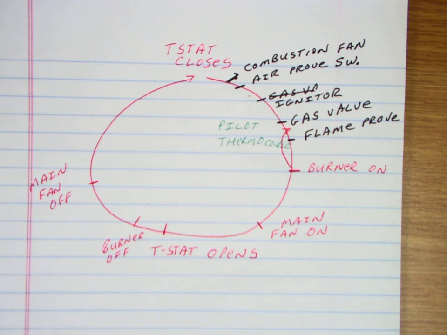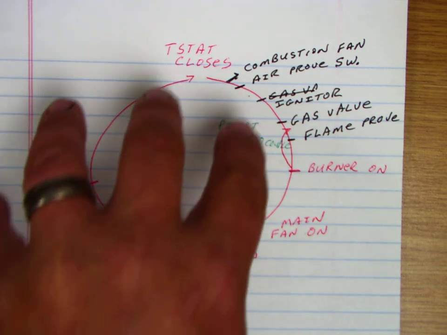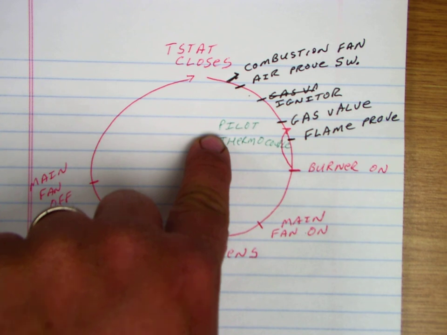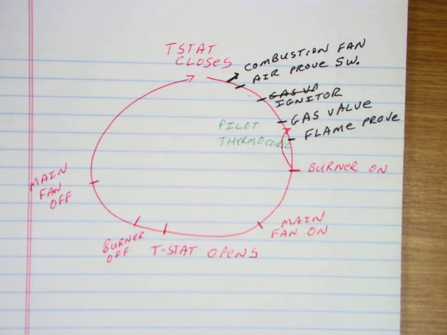But that air proving switch does one of the jobs that the pilot light did: it makes sure that there's no buildup of gas in that combustion chamber, right? The combustion fan kicks on, it purges everything that's in the combustion chamber out.